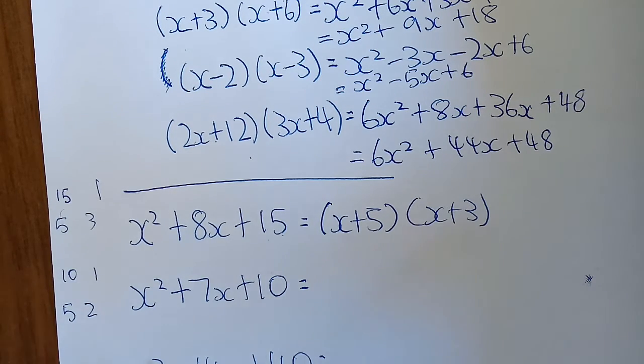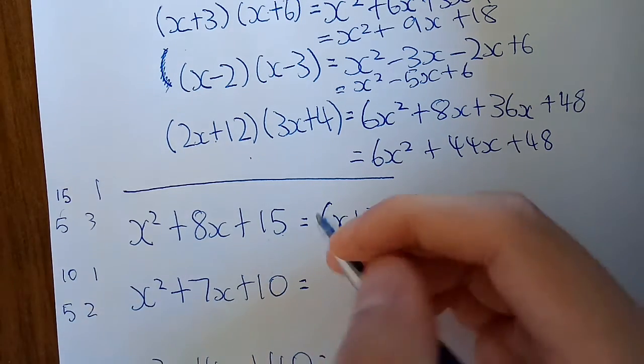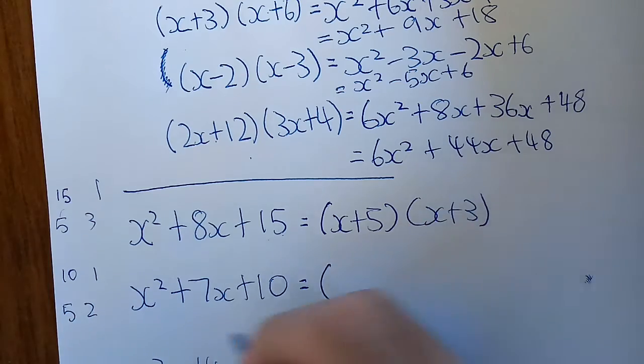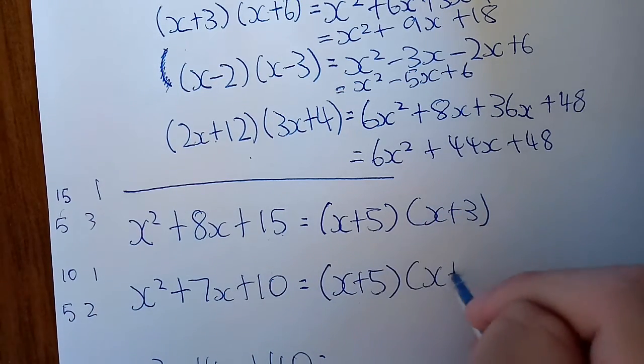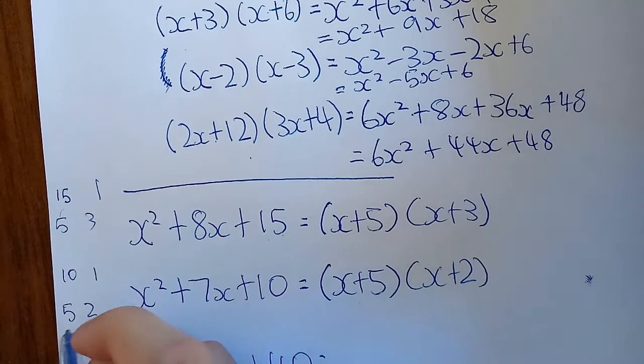So 10 and 1, they multiply to 10, but they don't add to 7, but 5 and 2 does. So in this equation, we will have x plus 5 and x plus 2. You just put the numbers that multiply to 10 and add to 7 in each of these brackets. And this is the factorized form of this equation.